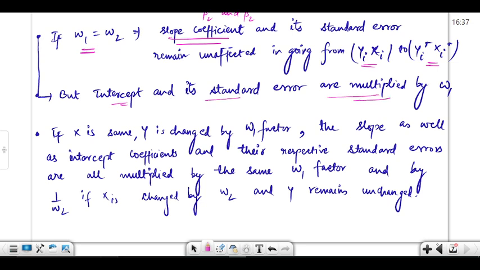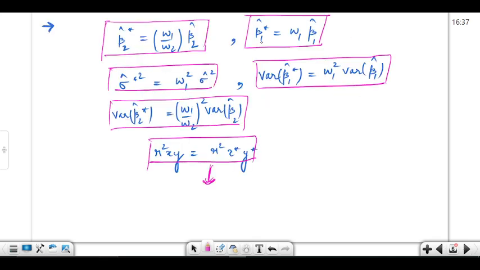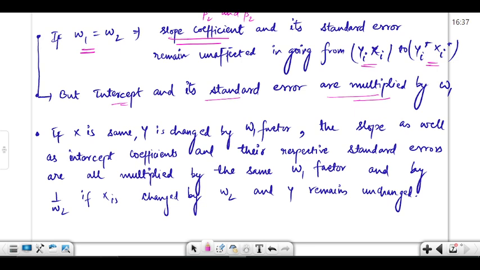You can check this from the formula. This intercept term in the new regression equation is a function of W1, so it will change even if W1 is equal to W2. Beta 2 hat star is a function of W1 upon W2, that is why this is not changing, but this will change. Your intercept term will change, but your slope coefficient will not change if W1 is equal to W2.